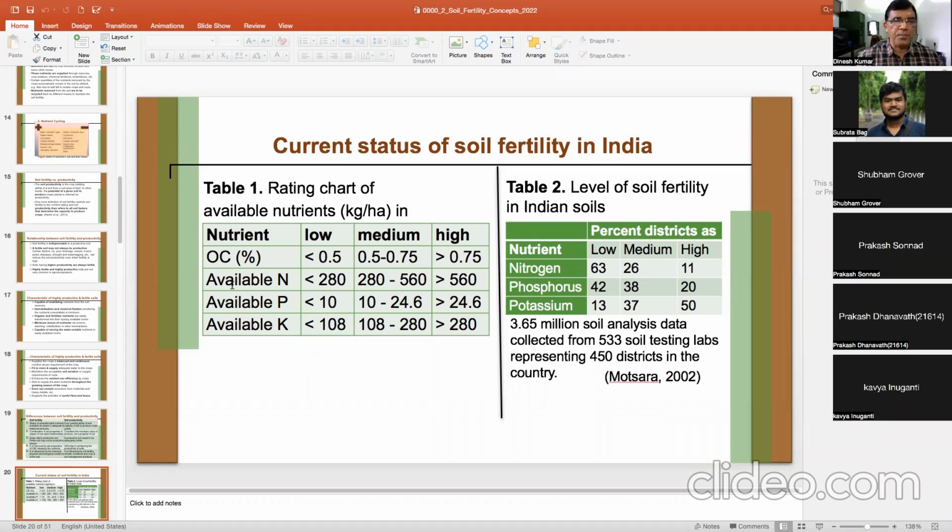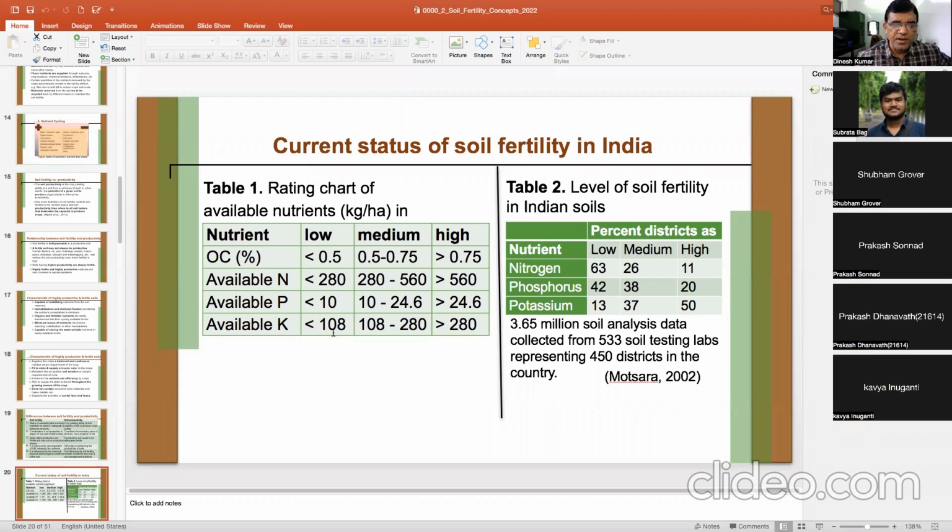So the ammoniacal form and nitrate form are a part of the available nitrogen, plus readily oxidizable nitrogen. What you measure by this Subbiah and Asija method, that is your available nitrogen. In this case, you can see the level of soil fertility in Indian soil.